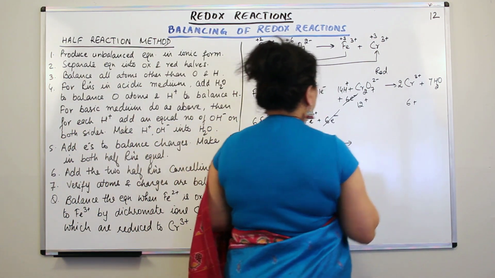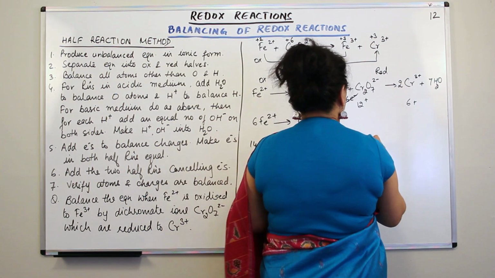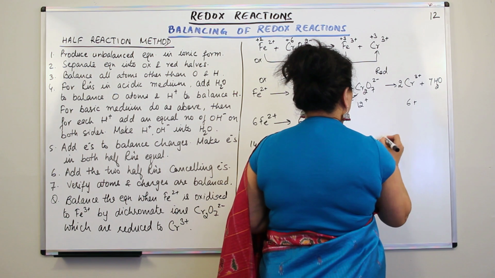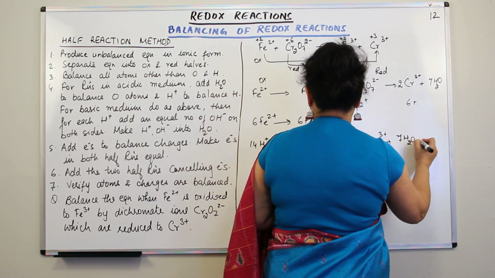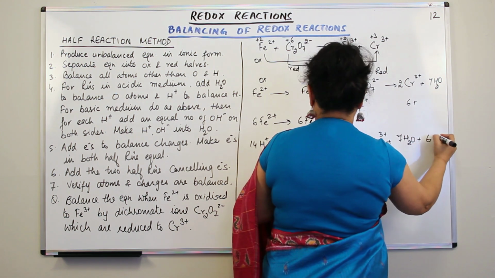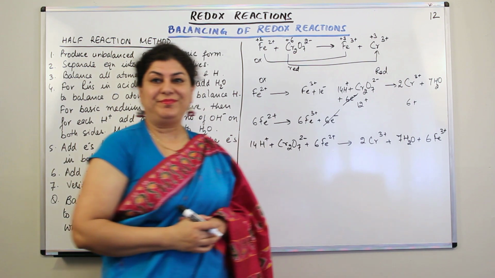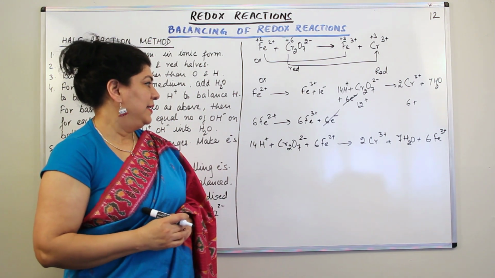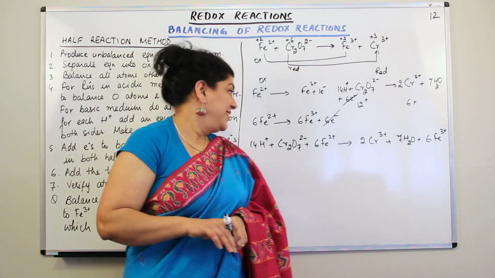And what will you get in the products now? You'll get 2 Cr3 positive plus 7 H2O plus 6 Fe3 positive. Right? So this is your balanced equation.